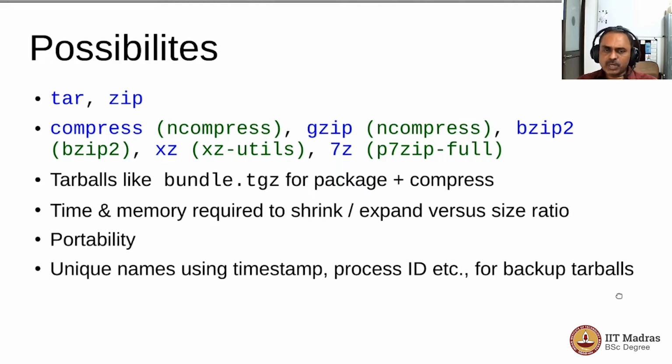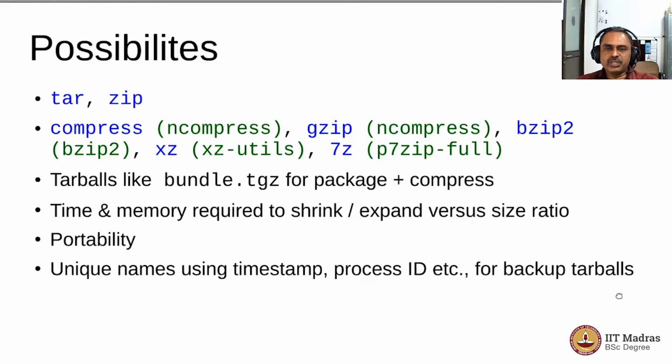And there are also other utilities to do the same thing of bundling the files together, like the rar format, which is popular in the Windows ecosystem, but it's a good idea to use those tools which have some portability. So the tools I am mentioning here are open source tools available for all platforms.